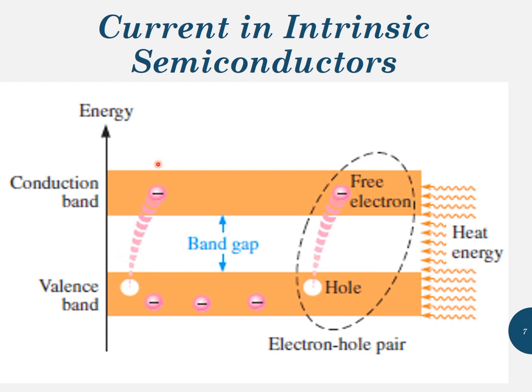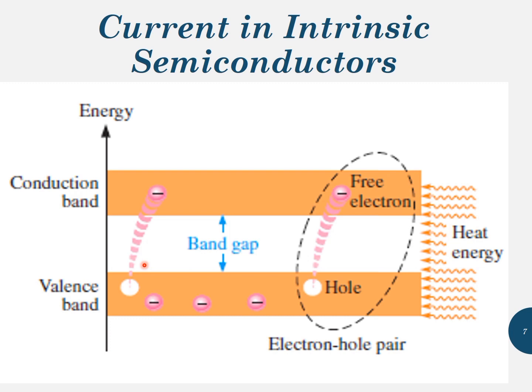These free electrons carry the negative charge or electric current from one place to another in the conduction band, whereas these holes or vacancies carry the positive charge or electric current from one place to another in the valence band.